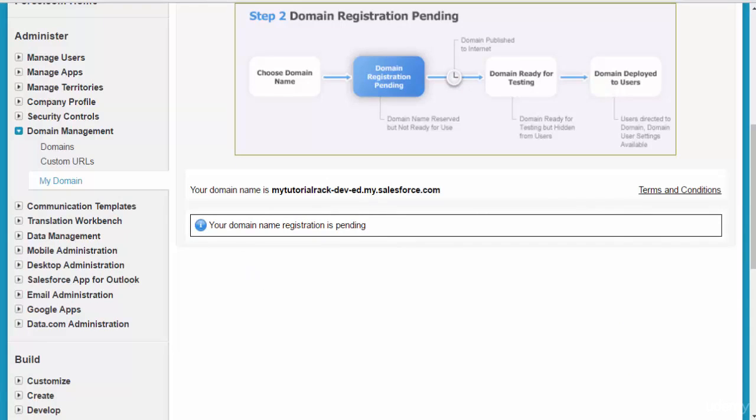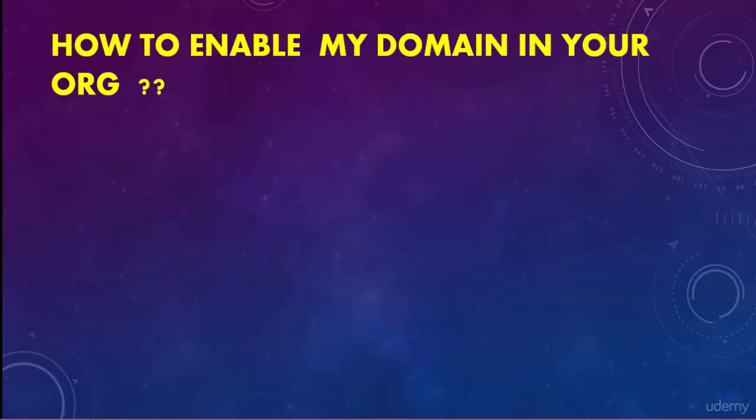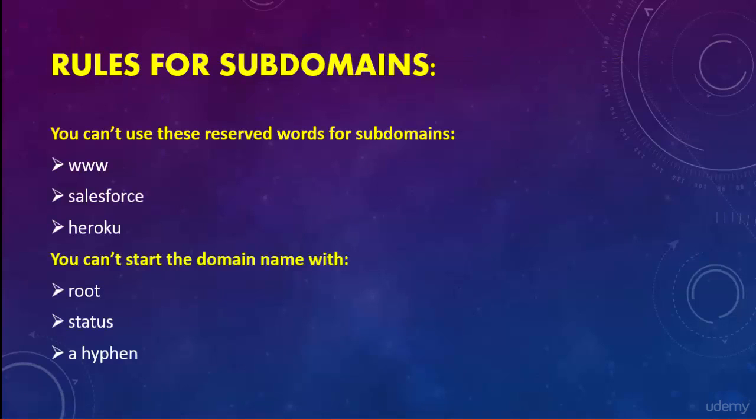In the meantime, let's go through the rules of setting up the custom domain. There are some naming conventions you need to follow when you're creating your subdomain. There are 3 reserved words that you cannot use. One is www. You cannot use this as a subdomain. You cannot use Salesforce. You cannot use Heroku. These are the reserved words that you can't use for your subdomains.